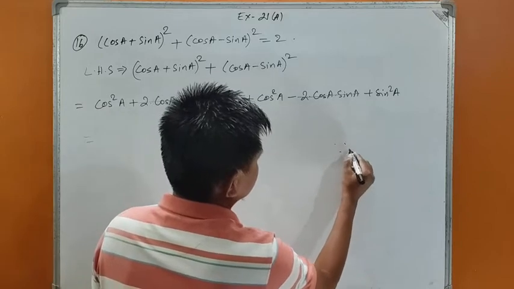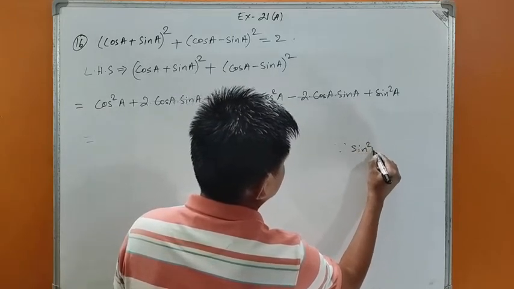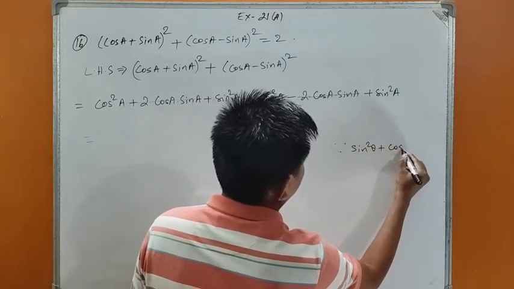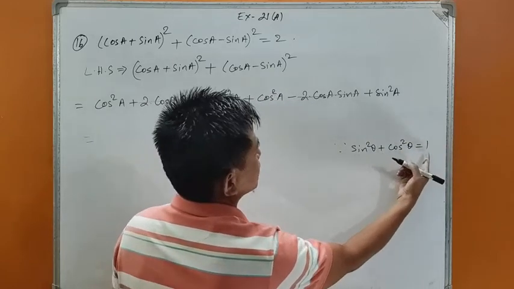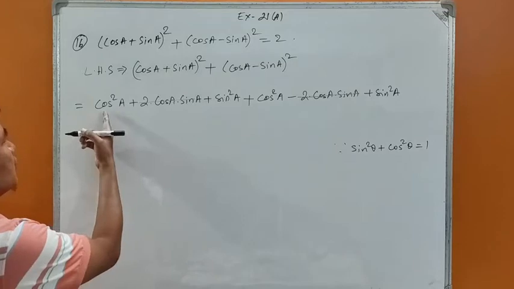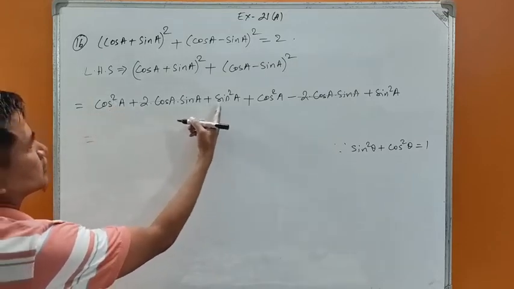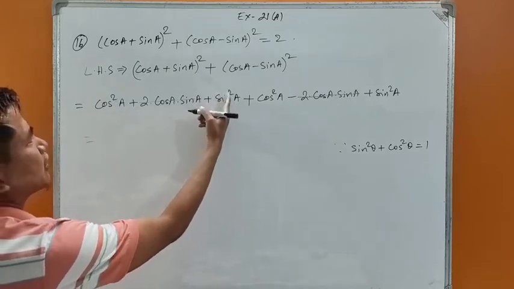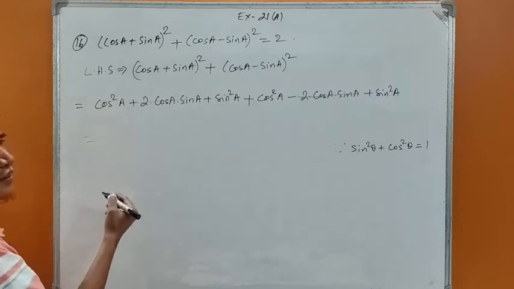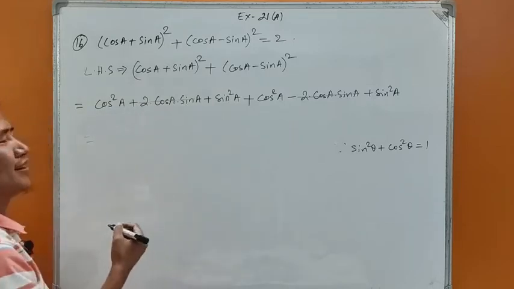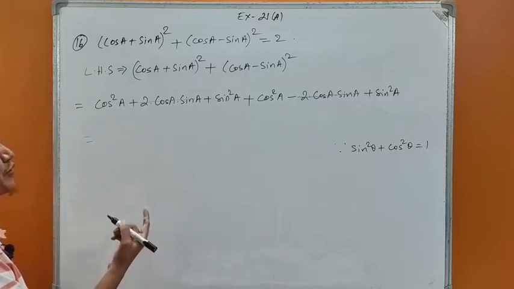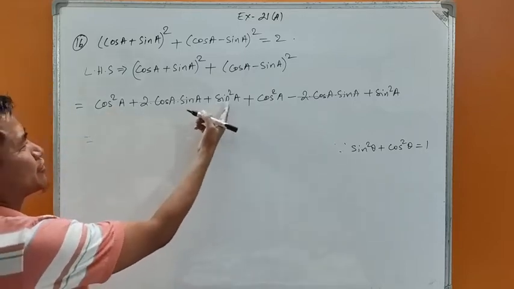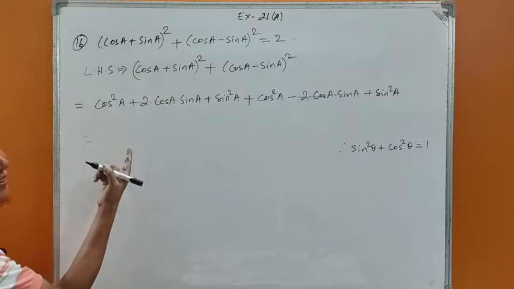Since we know that sin square theta plus cos square theta equals 1, isn't it? Sin square theta plus cos square theta means 1. So this is cos square a plus sin square a. That means sin square a plus cos square a, isn't it? The same thing. So the cos square a plus sin square a and sin square a plus cos square a, same thing.